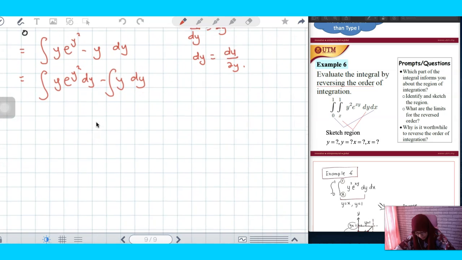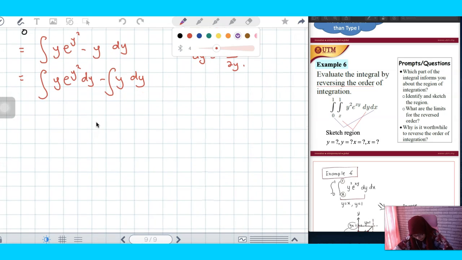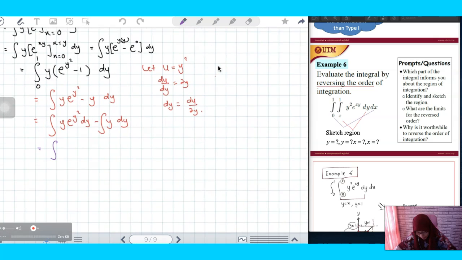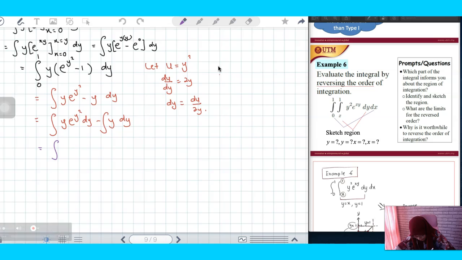For the first term, I'm using the substitution where now I have y e^u, and dy is du over 2y. Now the y here can be cancelled out.